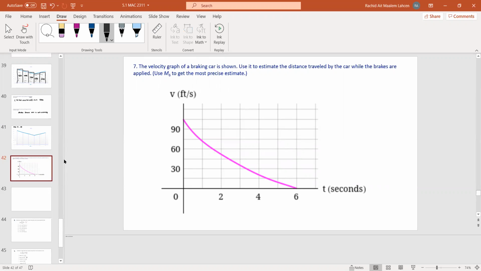So let's go here for, we need 0.5, we need 1.5, 2.5, 3.5, 4.5, and 5.5. Right.